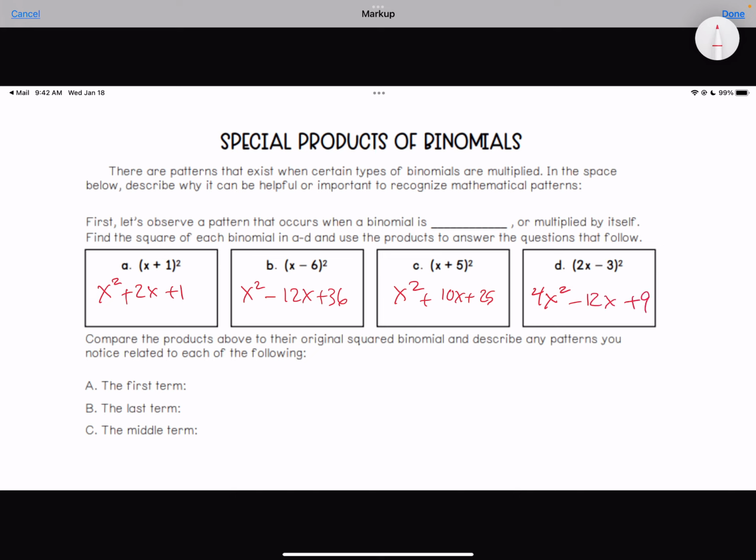So there are rules. The first term, we just square the first term of each. The last term, we square.